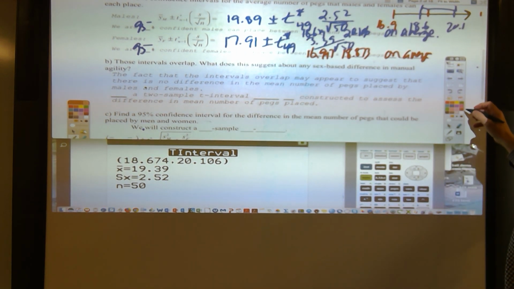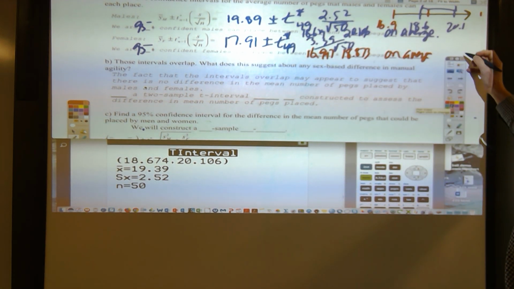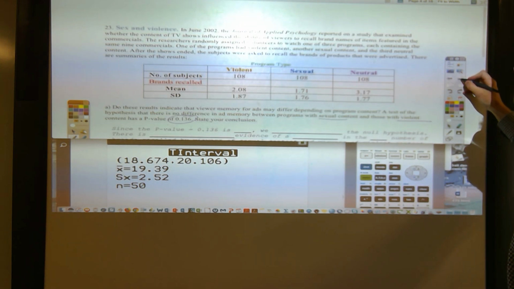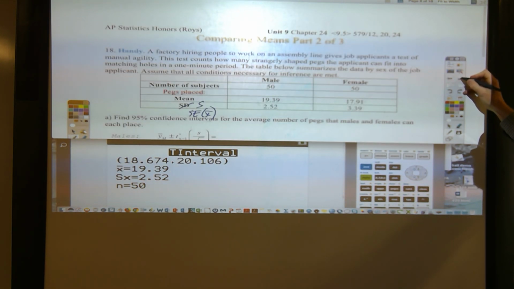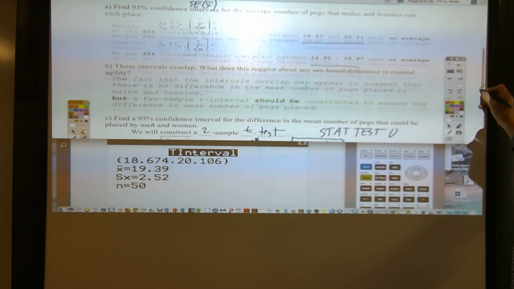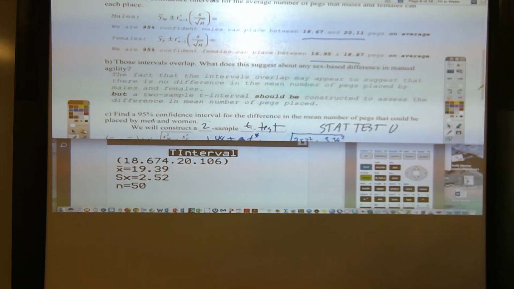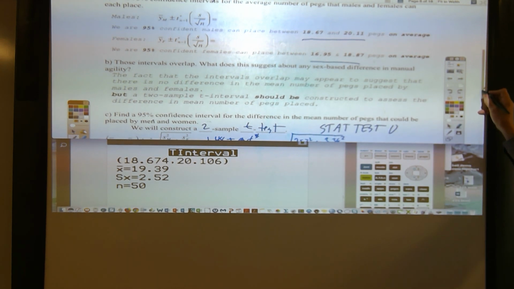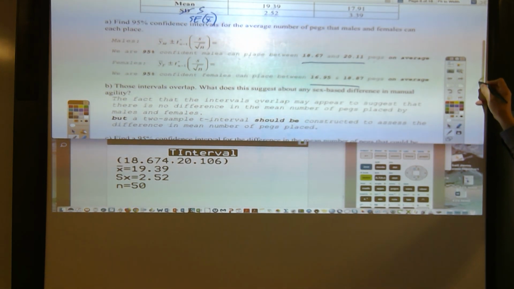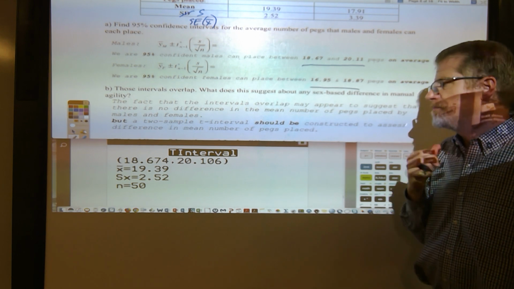However, that's not the correct approach for this problem. What we should be doing is a two-sample t-interval, constructed to assess the difference in the means.